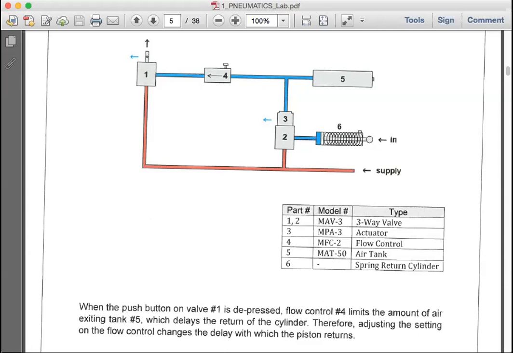No, it has to be less than 20 for the actuator to deactivate. If it's still 20 or more, the actuator is fully pressed, the stem is down and the piston is still extended. Once the pressure in this part of the system drops below 20, the actuator deactivates, the stem moves up, and the piston returns quickly.